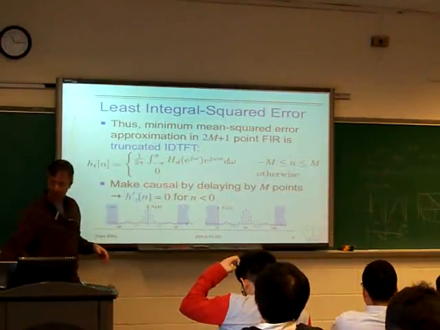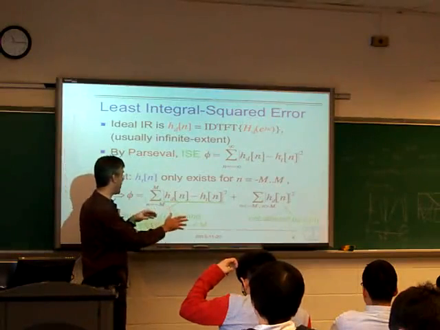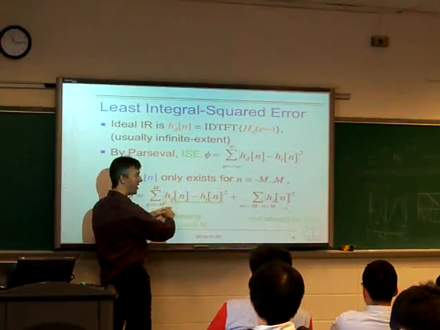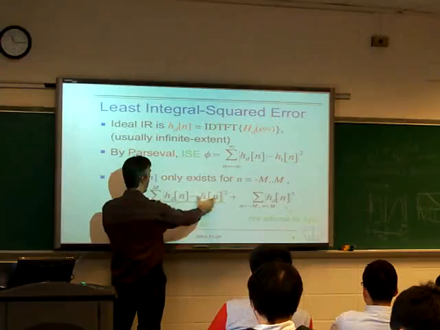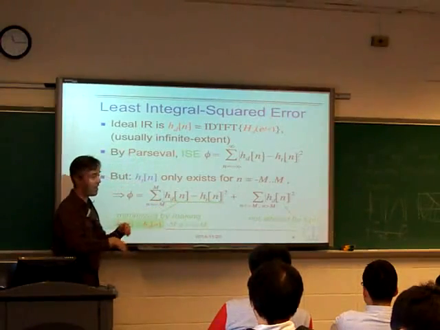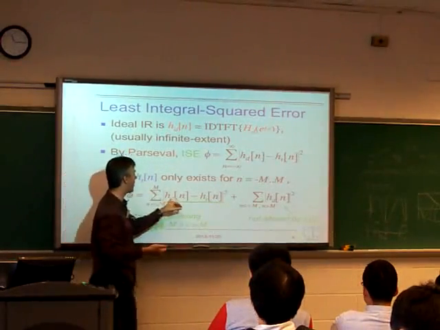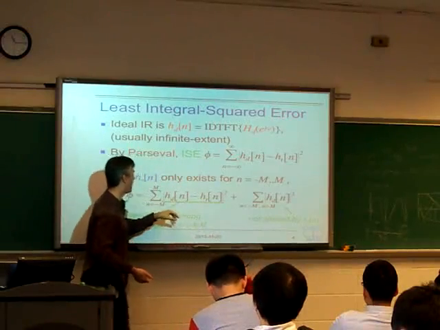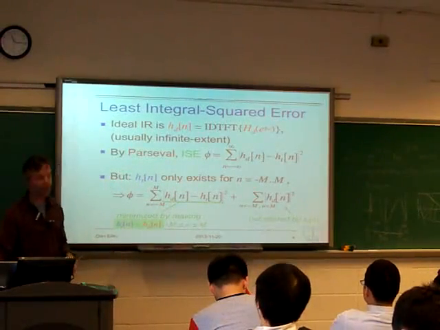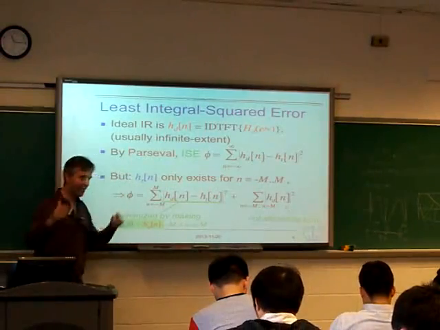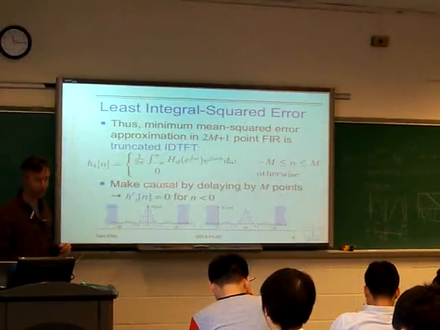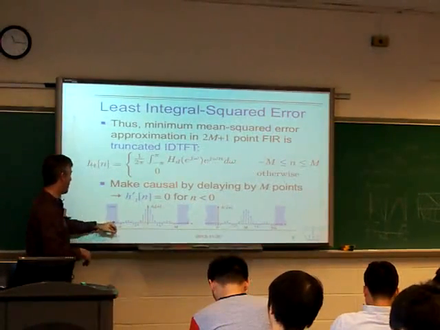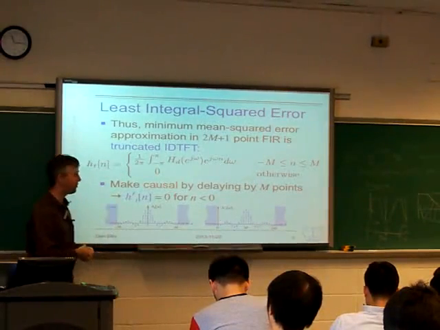If I had the option to choose any set of points, I'd want to choose the set of points of HD that have the largest magnitude, so that when I null those out by matching them with HT, I eliminate as much as possible of this total squared integral impulse response. But normally that is the values around 0, because typically an impulse response will have most of its energy concentrated around 0. So here we've just taken this chunk in the middle, and then we've set all the values outside of here to 0.